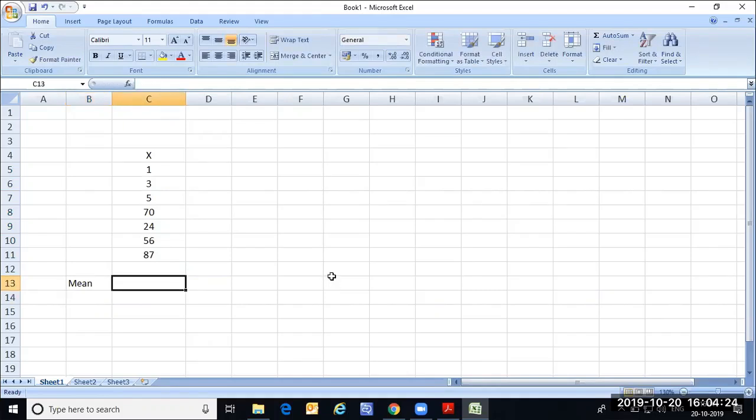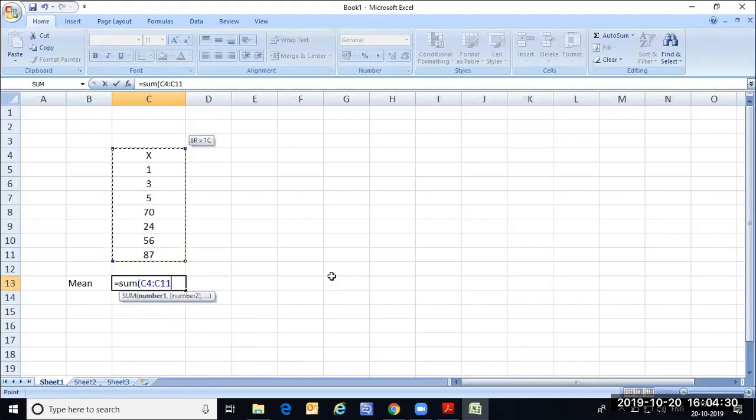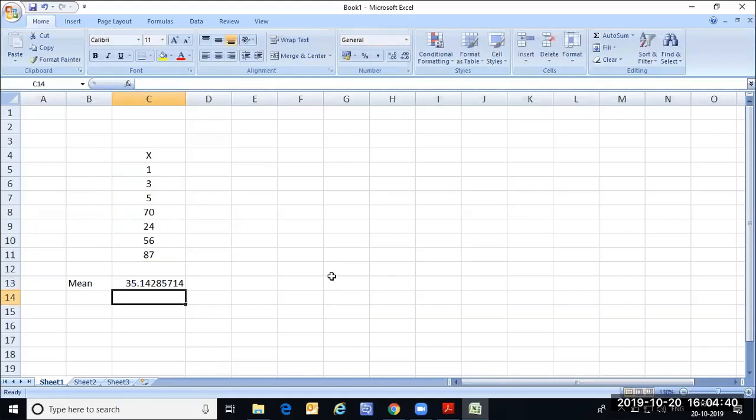Sum of all the values divided by 7, which is capital N. 35.14 is the mean I get for this data.